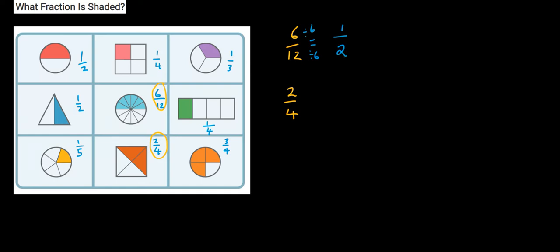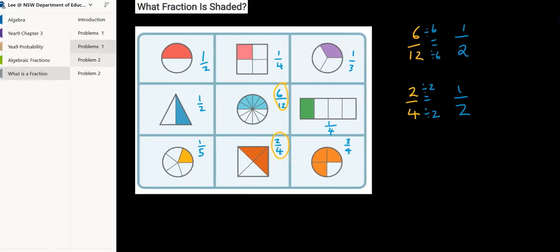And these are equivalent fractions. The highest common factor here is 2 to get 1 over 2. And these are referred to as equivalent fractions. Okay, so let's look at another problem.